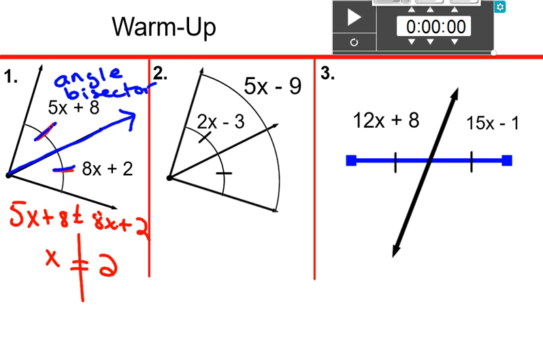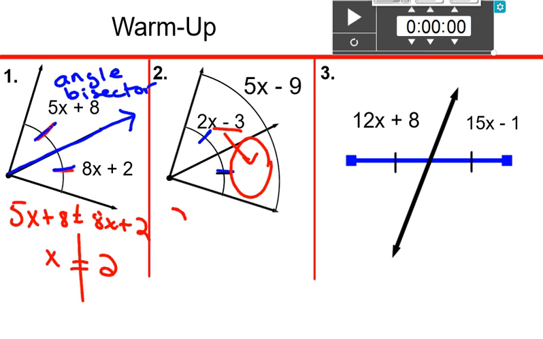Okay, so problem number 2, my angles are equal to each other again, except this time I have to set up my problem a little differently because I'm missing a piece of information here. I don't know what that is. Well, actually, I do know what that is, because if this one is 2x plus 3, then this one also has to be 2x plus 3.